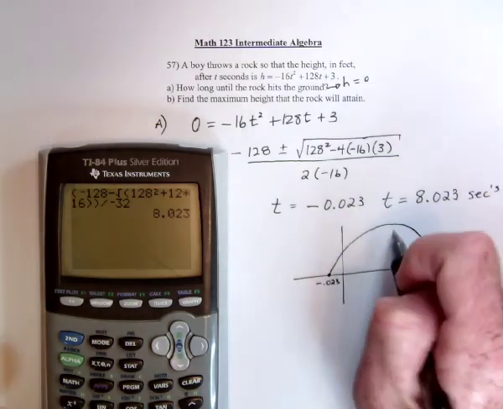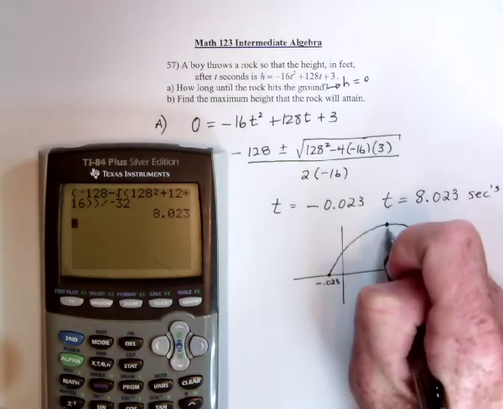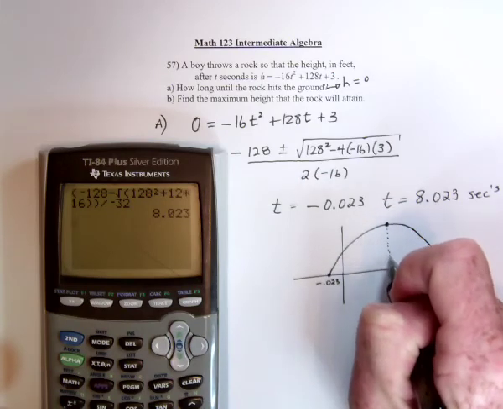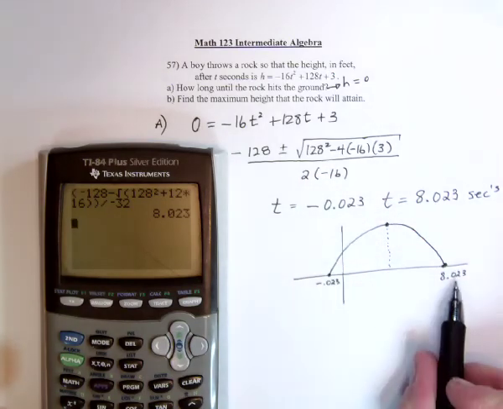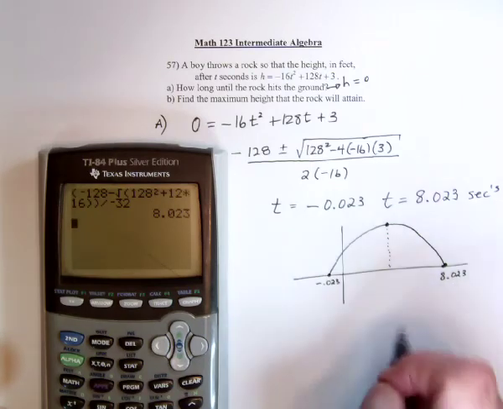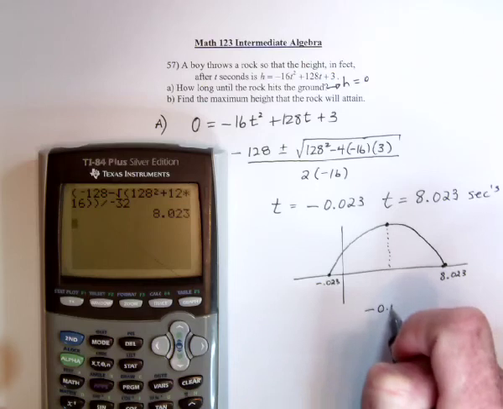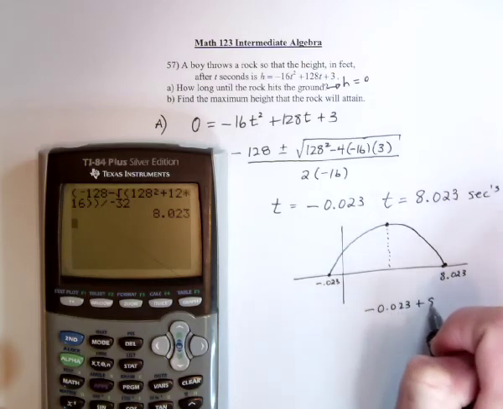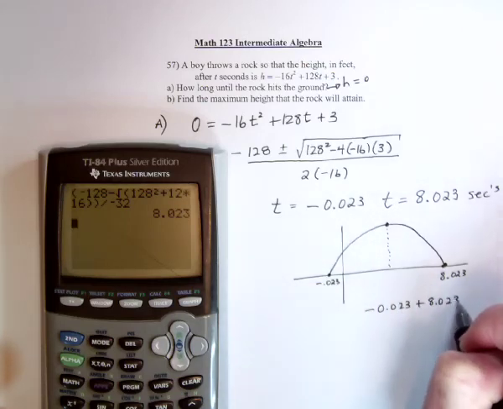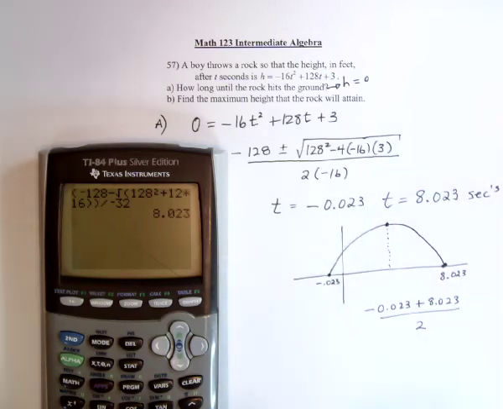And then the maximum is going to be right here, and because parabolas are symmetric, it has to be in the middle of these two. So the middle would be you add them together, divide by 2. So find the average of these two. So negative 0.023 plus 8.023 divided by 2, and the average, wow, is exactly 4.